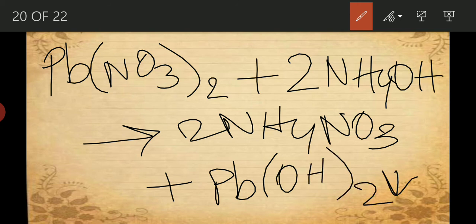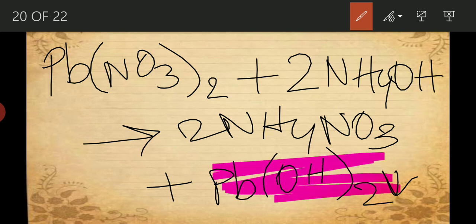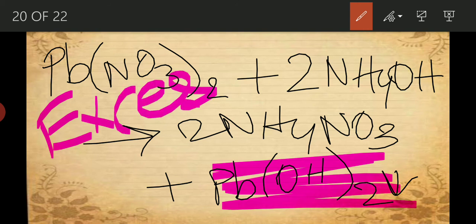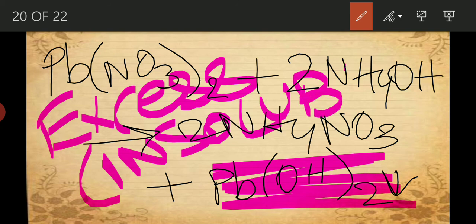Now we know that lead hydroxide is chalky white in color, but this lead hydroxide is not soluble in excess NH4OH. Clear? In case of NaOH, lead hydroxide was very much soluble in excess sodium hydroxide. But in case of ammonium hydroxide, lead hydroxide is insoluble in excess NH4OH.